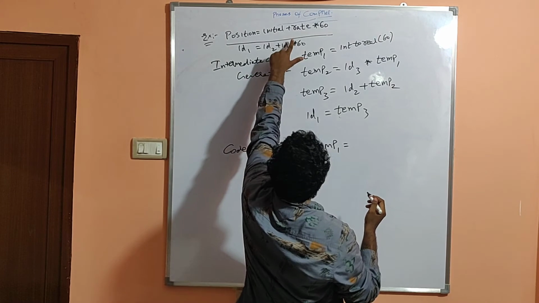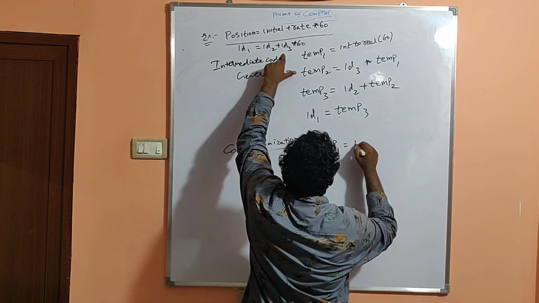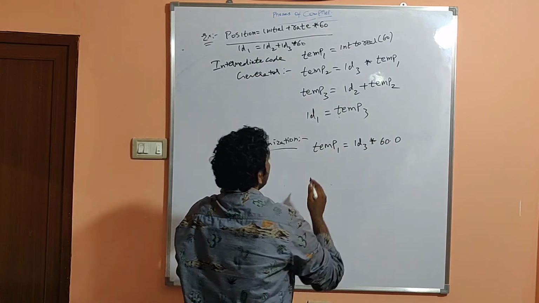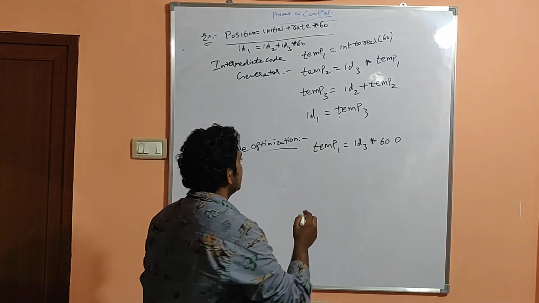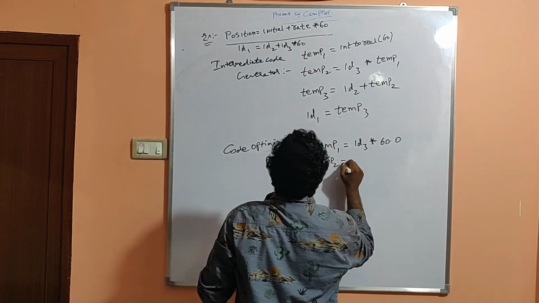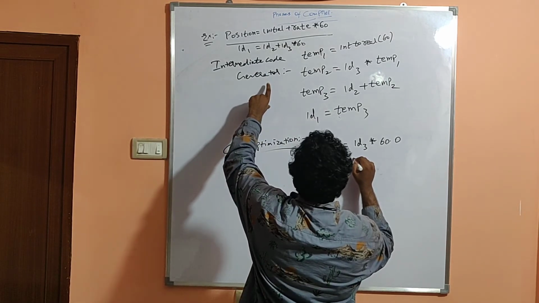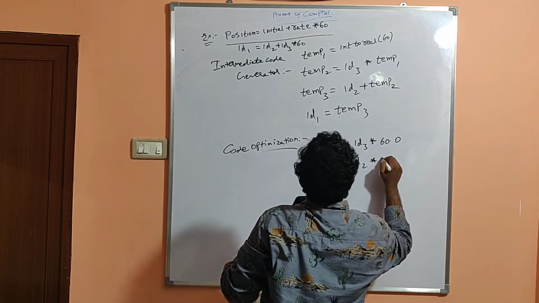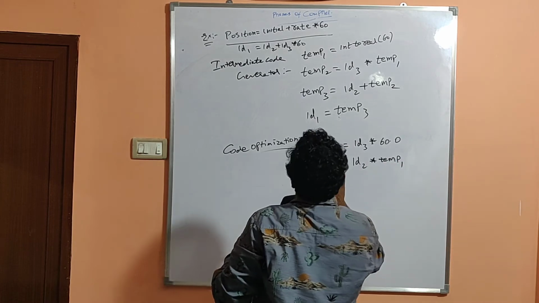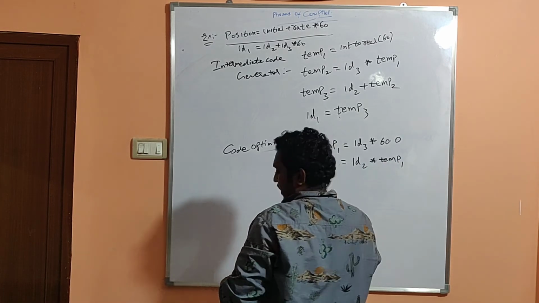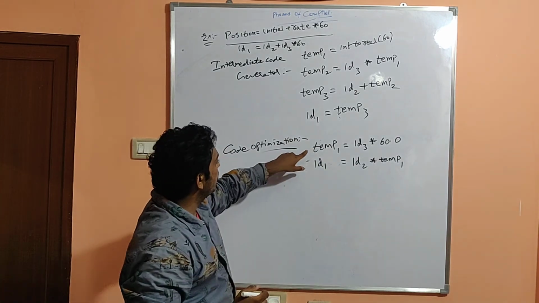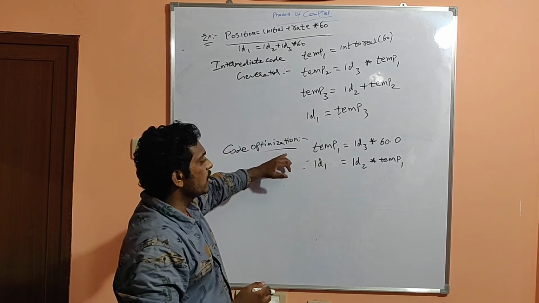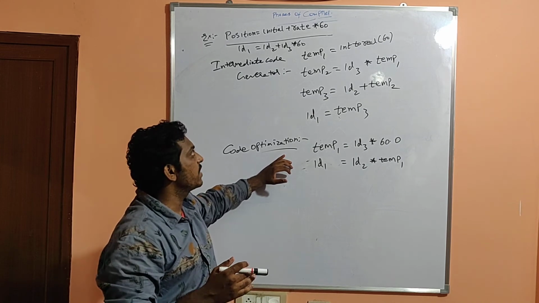After the 60 we have the variable id3. In temp1 we have written id3 into 60.0, and temp2 is equal to id2 into temp1, then id1 is equal to temp2. In code optimization also, the complete process takes place from right side to left side.